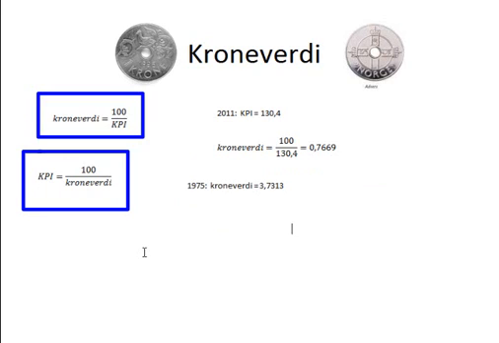Consumer price index equals 100 divided by kroneverdi. Let's add this formula here.